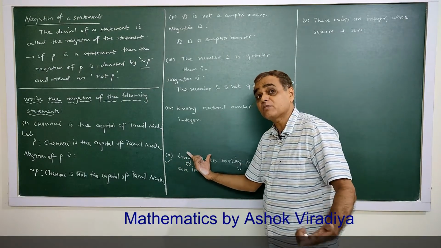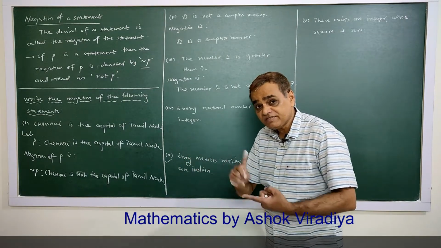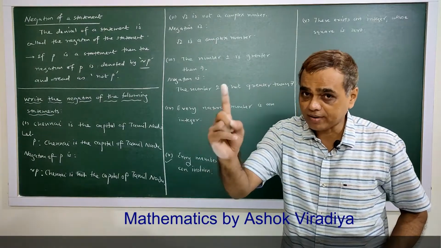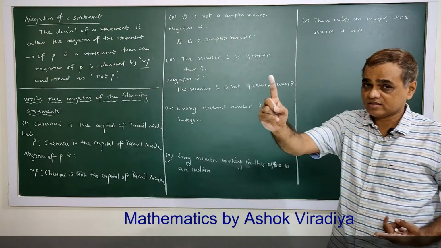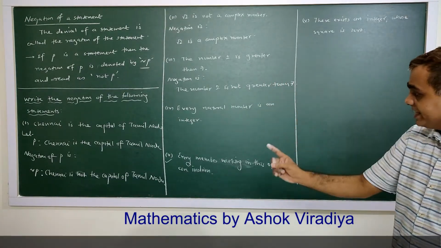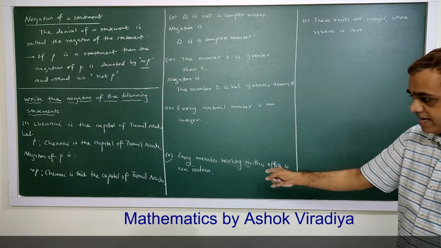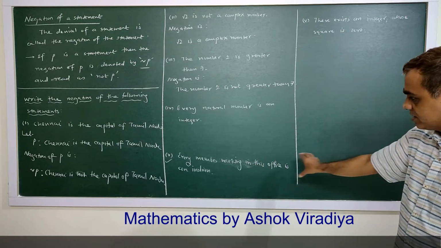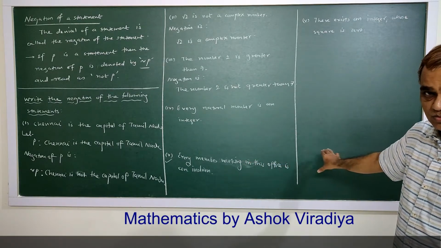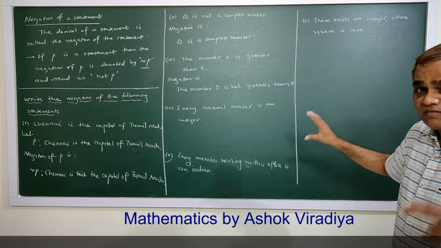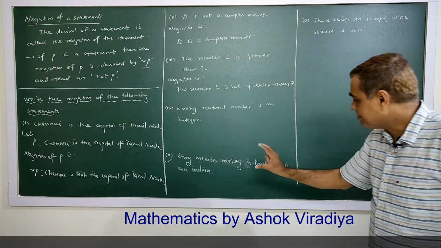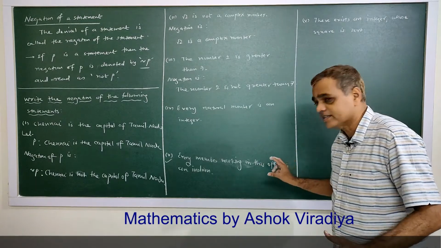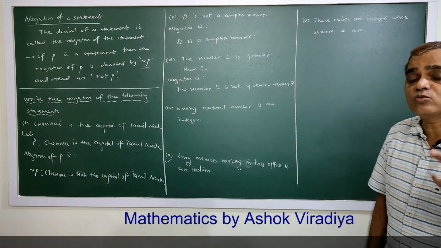Every member cannot be used. So if there exists at least one member who is not Indian, then this is not true. So whatever reply is given by the owner, that every member in this office is an Indian, the reply is not true.